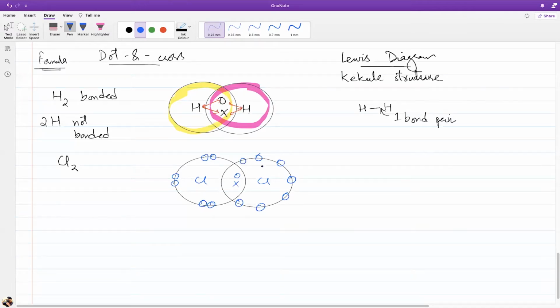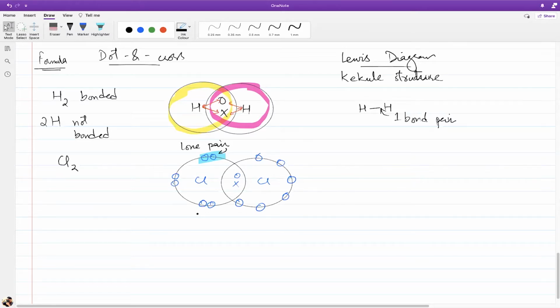Although there is an equal number of electrons on both sides, this is usually the preferred way. And why is that? Because electrons always exist as pairs. This electron pair that is not involved in bonding is called a lone pair. So we have two kinds of electron pairs in the last shell. One is the bond pair, the one in the middle, and one is the lone pair.